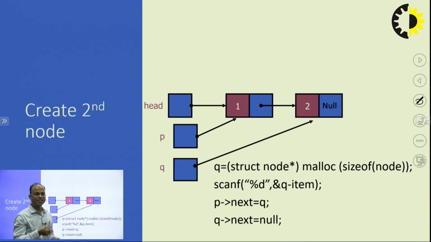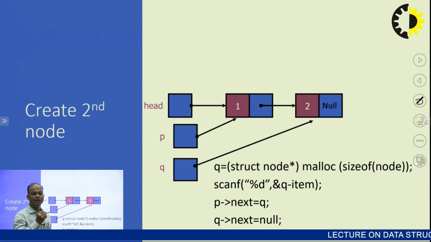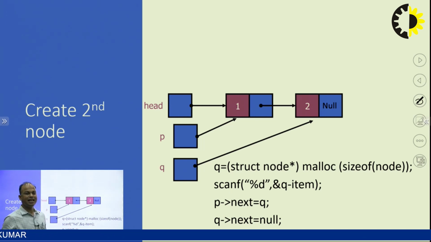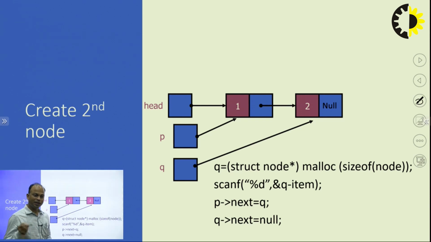Now we are seeing, say if we have the total 2 nodes, how we can create it. So first node creation we have discussed in the previous slide. In this slide we are going to discuss how we can create second node, how we can create one more node. So this is the usual practice. Whenever you are creating any node, creation of the node is possible through the malloc function.